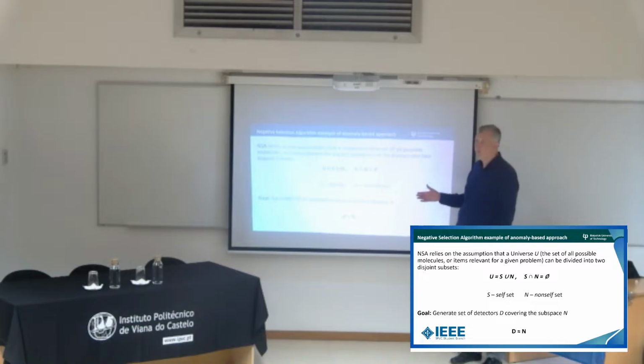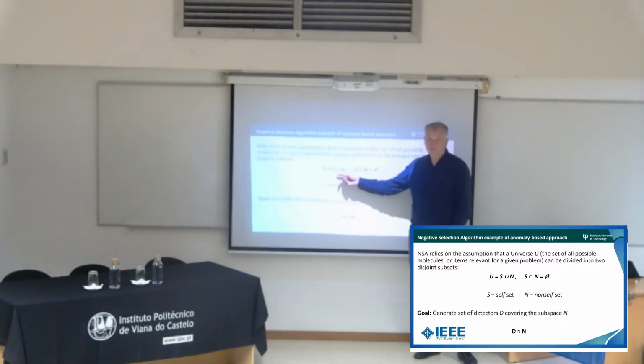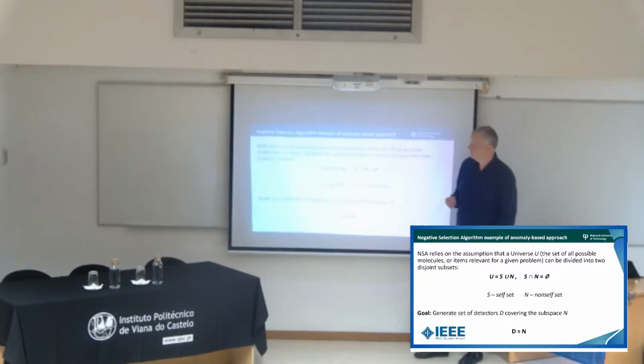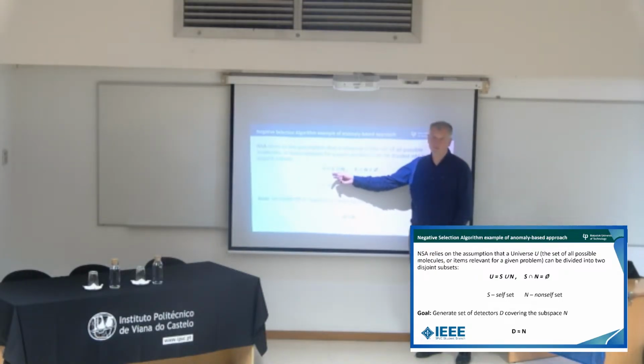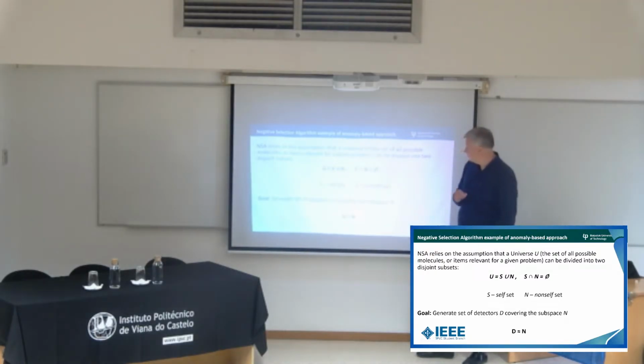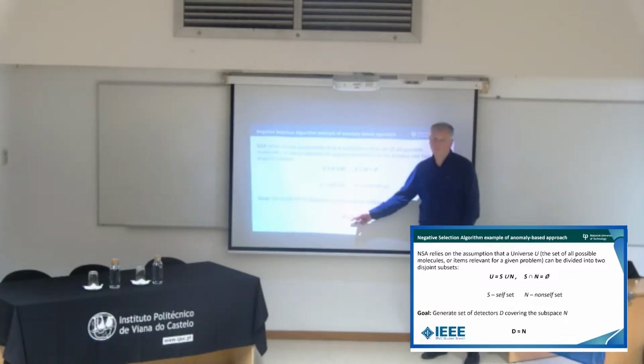The connection or pathogen should be classified as self or as non-self. It cannot be both self and non-self. So if you have information only about our self cells, our normal network connections, we have to create a set of detectors based only on information about self, which will cover the whole subspace of non-self elements.